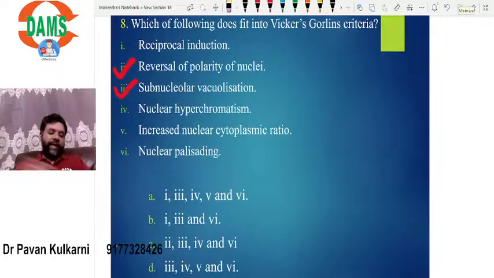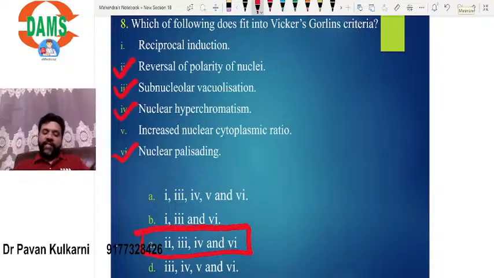Nuclear hyperchromatism. Yes, this is seen. Increased nuclear cytoplasmic ratio. No, that is not seen. Nuclear palisading. Yes, you'll see. So these are the 4 Vickers-Gorlin criteria. So 2, 3, 4 and 6. So this is the correct answer.